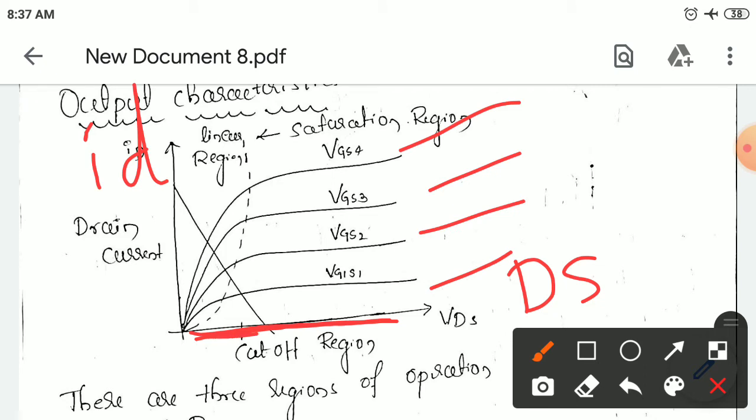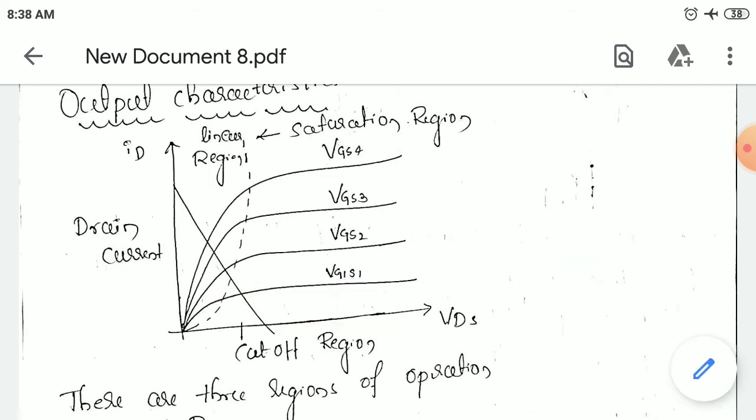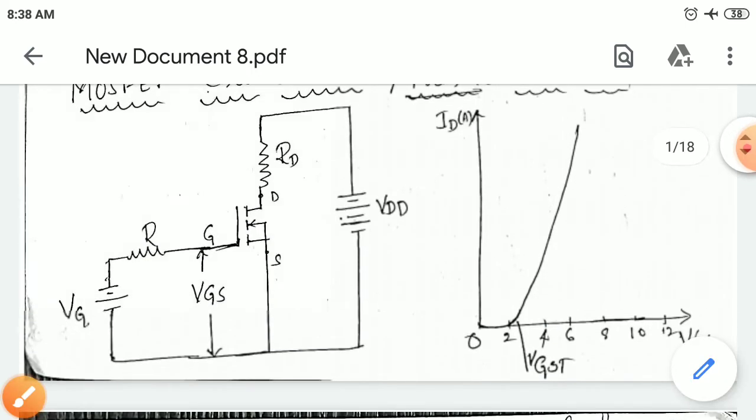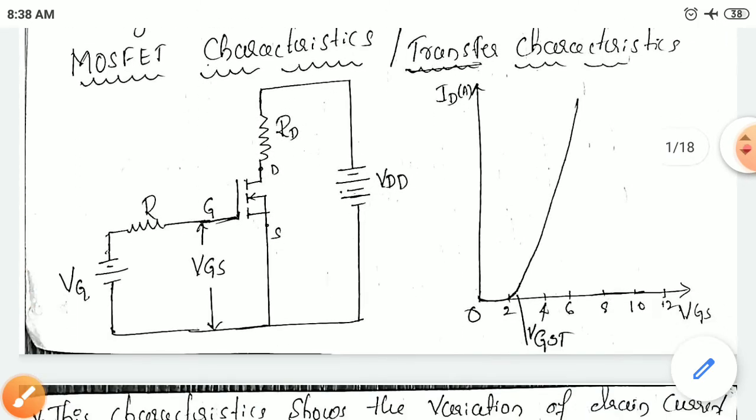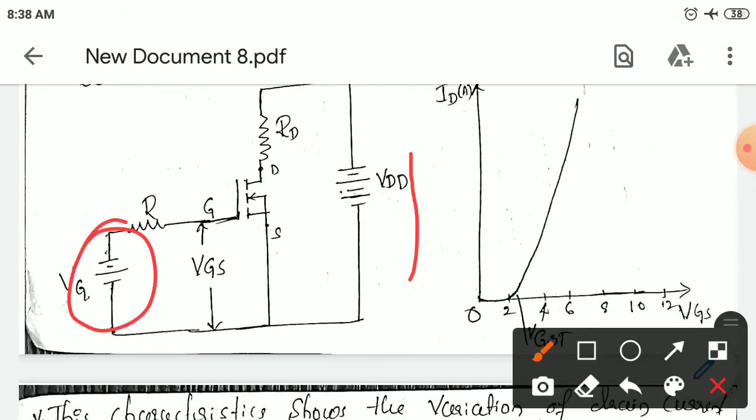If you vary the gate voltages, initially there is a small rise in the drain current, then the current goes constant. This is for VGS1. Similarly, if you keep the gate voltage at 1 volt and vary VDS from 1 to 10, the graph initially rises and then saturates.